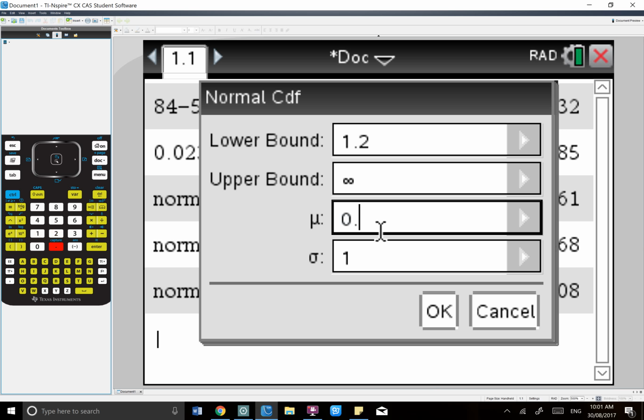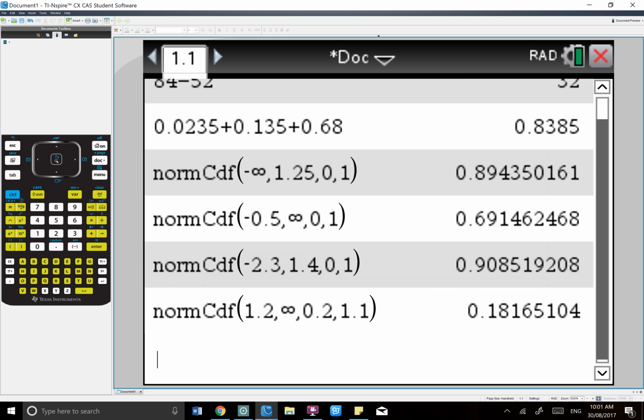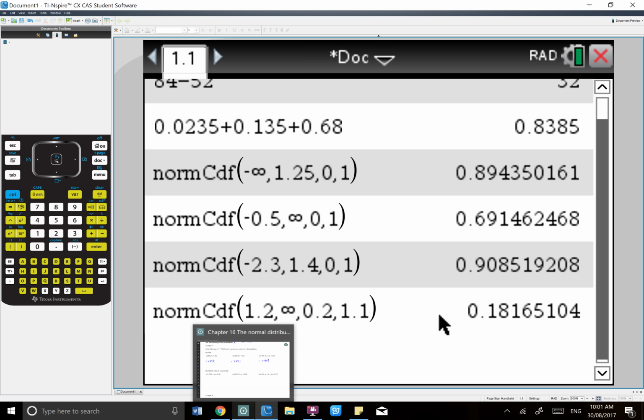I just put mu 10.2 here, with standard deviation 1.1. So I press 1.1 here and click OK. That will give you the area as well. If you know the mu and the standard deviation, you can directly work out any area you like.